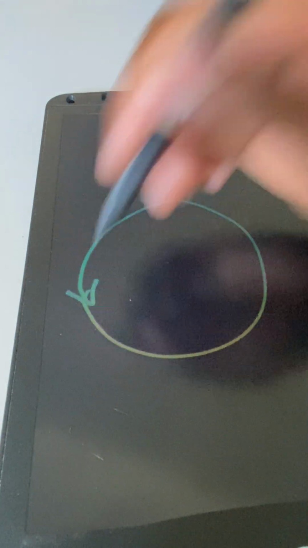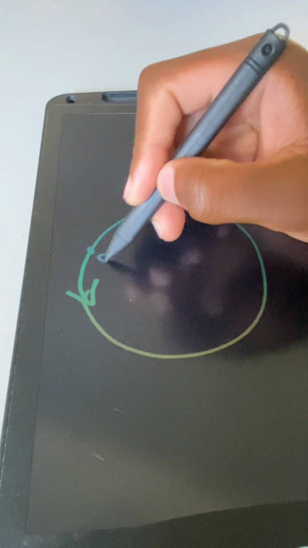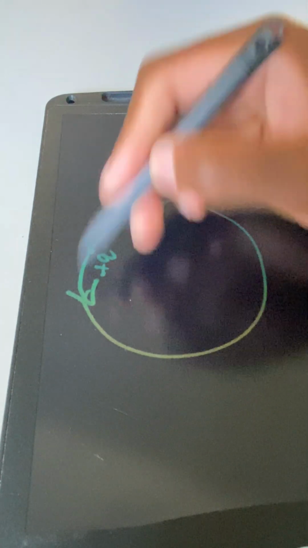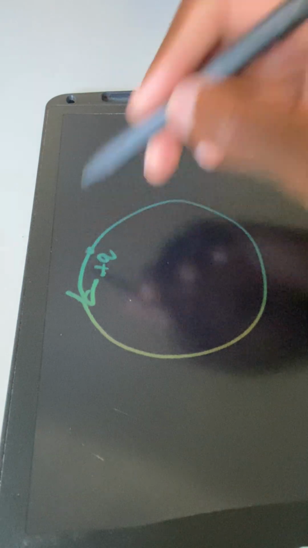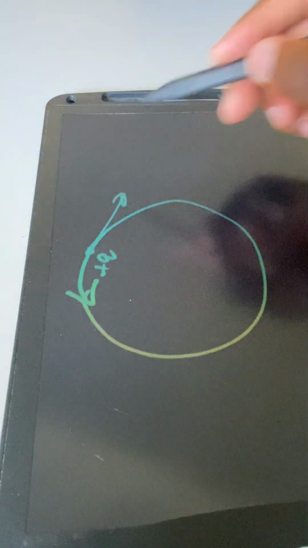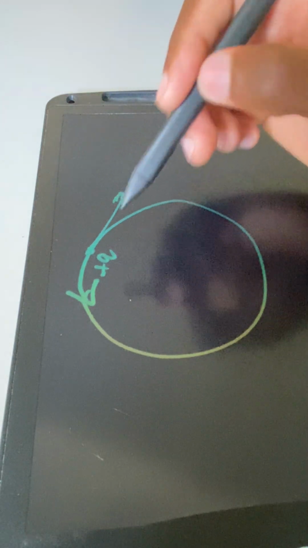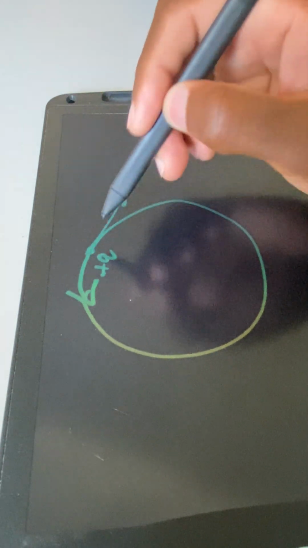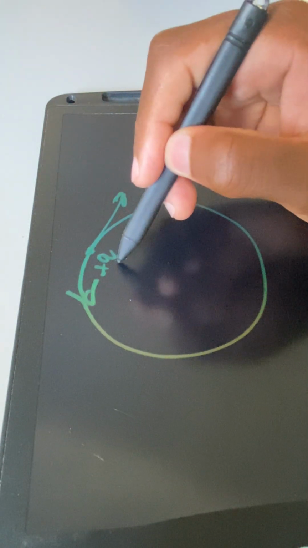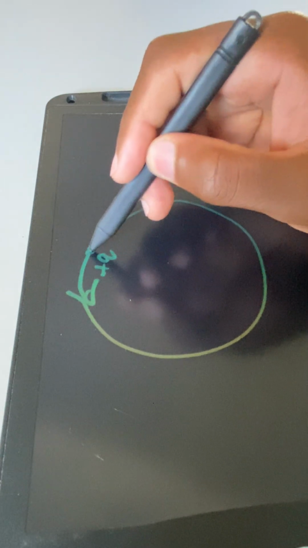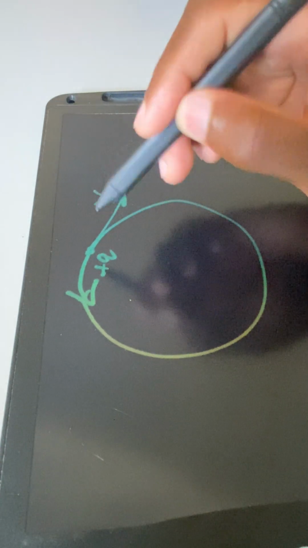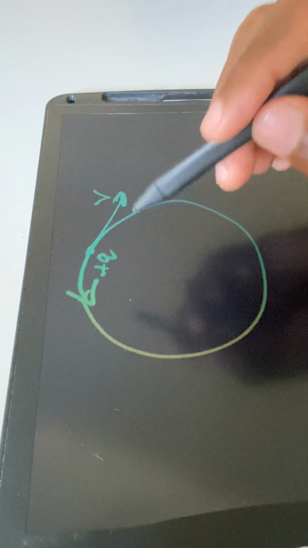Now, if you have a body that is moving in a circular motion, your positive charge is going to move in a circular motion. The velocity is tangential to the path of the charge, and this velocity, your v, is perpendicular to the magnetic field.